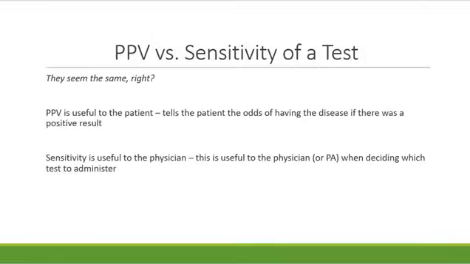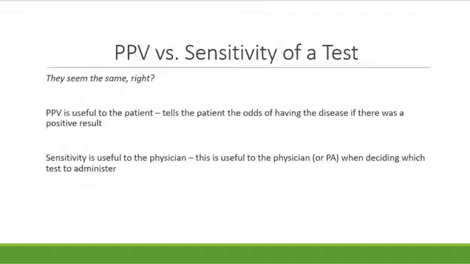Positive predictive value can be confused with sensitivity. They seem like they might be the same thing, but the positive predictive value is of interest to the patient. It is the odds of having something. So if the sensitivity of a test is 80%, well, that's useful for you.